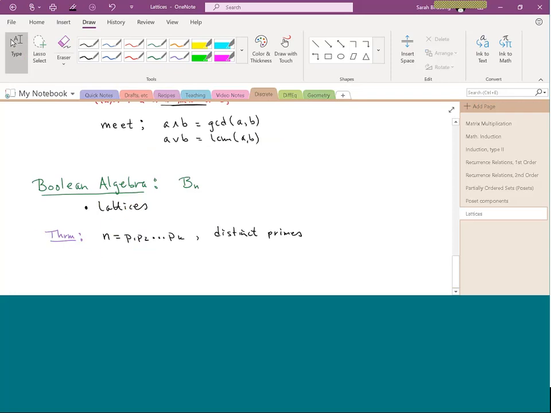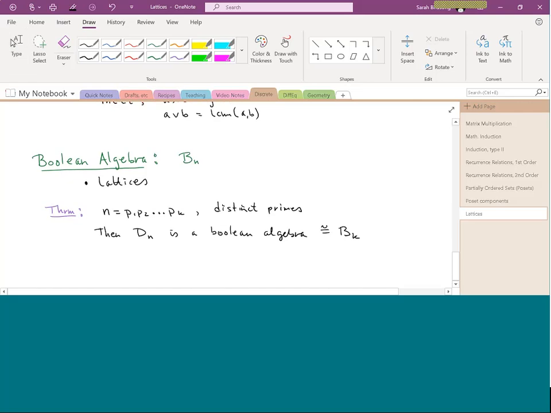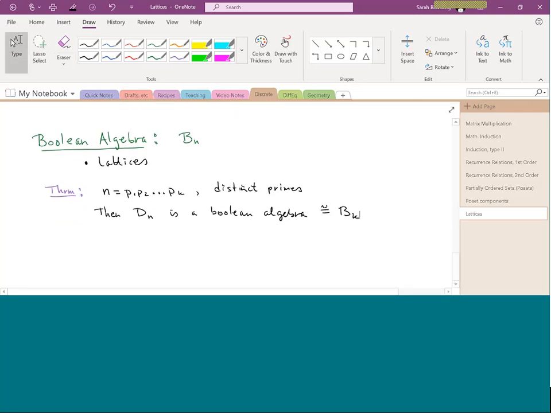Then, if you look at a poset that is D with a subscript that same n, this guy is a Boolean algebra, and I can even tell you which one it is. It's going to be isomorphic to the Boolean algebra B_k, where k is the number of distinct primes you actually had.